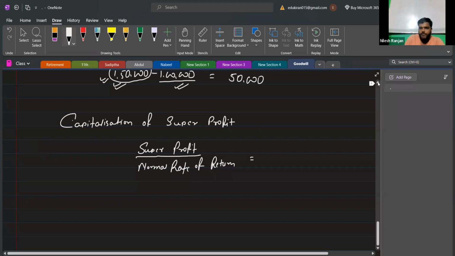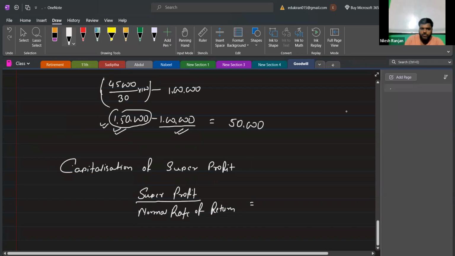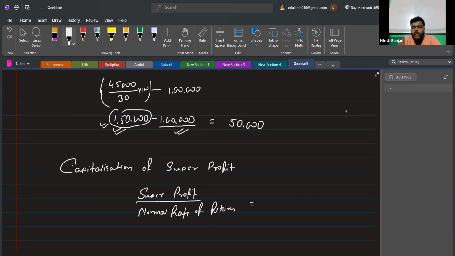So super profit divided by normal rate of return.